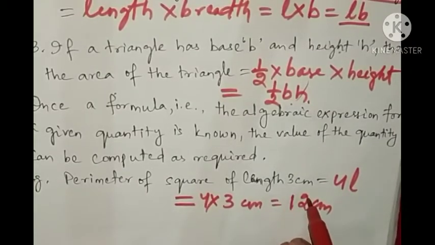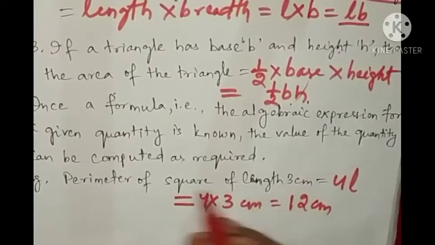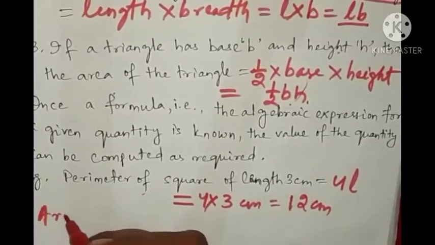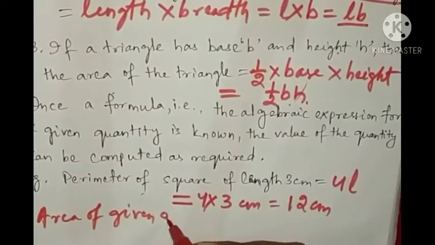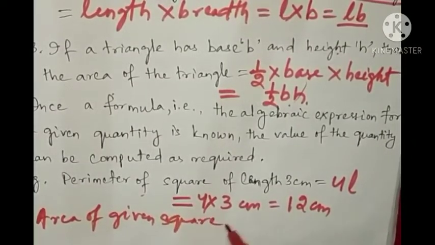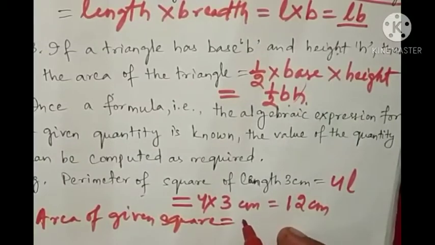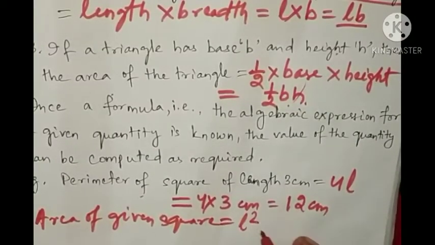If they say find out the area of this square, you will write down the area of the given square. The area of a square is how much? L square.